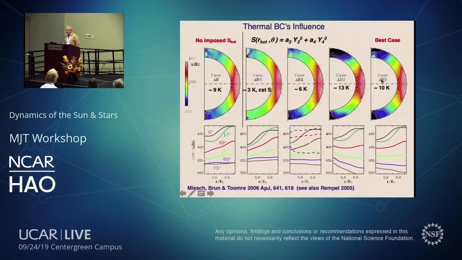And so the best case, that we call more realistic and closer to the sun, was around 10K. So you see, this is very difficult because you need to do a very extensive simulation of turbulent convection, and you need to capture a 10-degree variation at the base of the convection zone. And if you get it wrong by a few Ks, you get a different answer. So this is a tough problem.